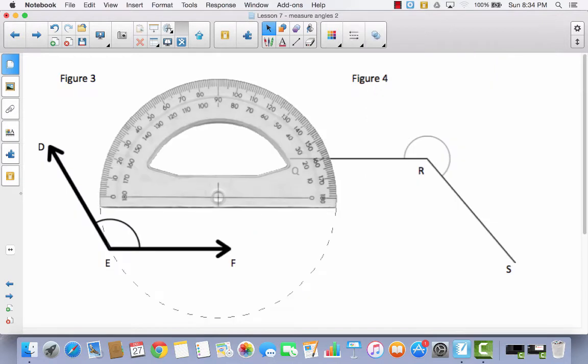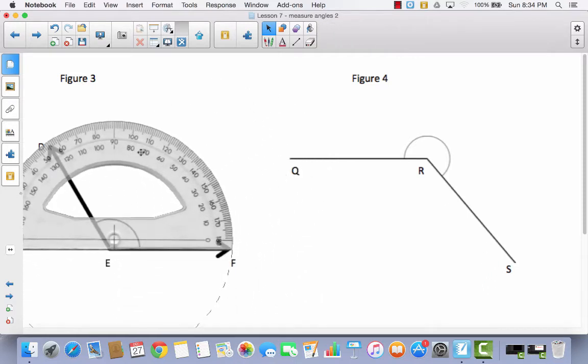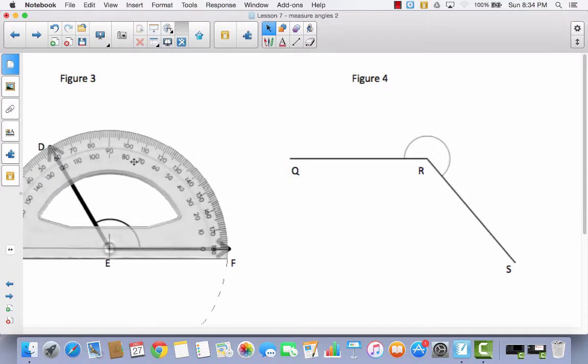All right, so let's take a look at the next figure. We've got figure DEF. The first thing I notice about this angle is that it is obviously obtuse. I want you to try to measure this angle by yourself and then come back and let's check and see if our measurements compare. All right, so when I put this on the vertex and set it right on the line, this is kind of a wide one, isn't it?